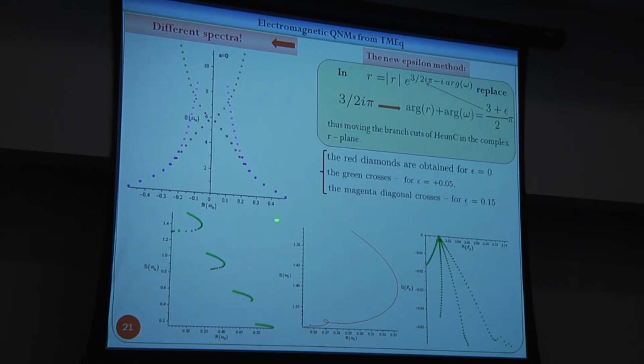But we see that for the lowest frequencies, we have very good coincidence with the old results, which were published and obtained by Leaver's method. Then we have some spectrum. This is not published at all in the literature for electromagnetic waves, something like this spectrum, green and red points. We have it for gravitational waves.